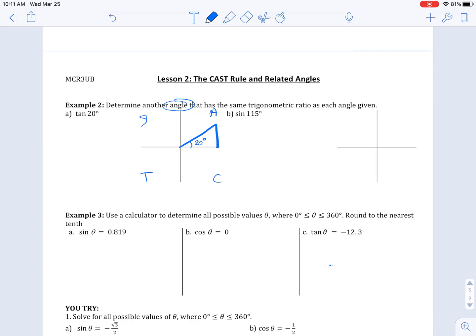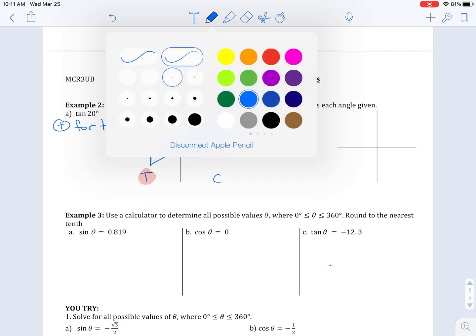Well, I know if tan 20 that it's positive. So this is going to create a positive for tan. So that means I'm in this quadrant. Where else is tan positive? That's here. So what I need to do is think, okay, my related acute angle is 20 because they give it to us, because it's in that quadrant.